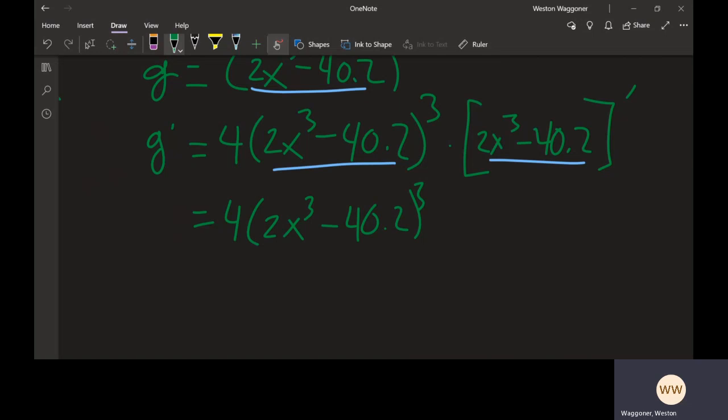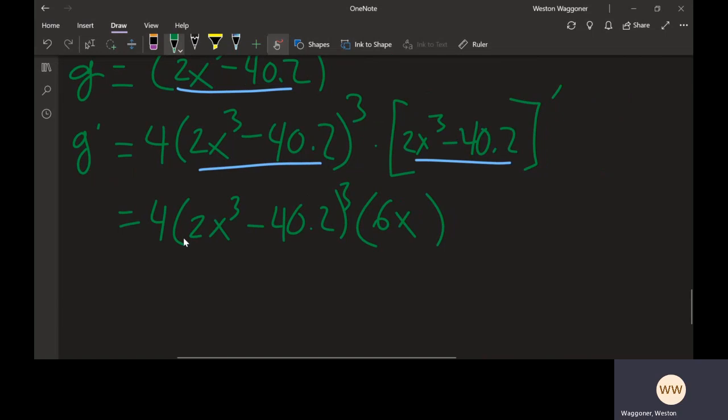And that negative 40.2, even though it seems a little weird, is just a constant. So when we take the derivative of it, it goes away. So I'm going to take the power rule of this 2x to the third, which gives us 6x squared. So now we're multiplying by 6x squared. And that's it. That 40.2 is going to go away.